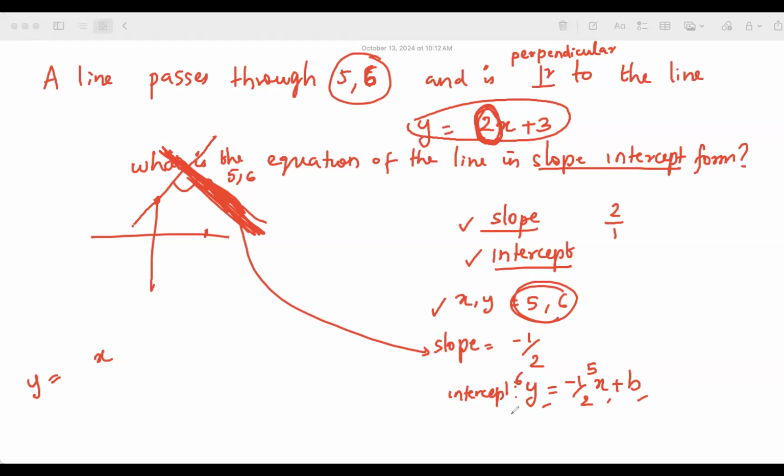When you substitute in here, it becomes 6 plus 5 by 2 equal to b. Now I know my intercept, 17 by 2, right? What I can do, I can plug that back into my equation. My equation is this, right? y will be equal to minus half x. When you write the equation of a line, you should have x and y as variables, but the b and all should not be there. You substitute 17 by 2.